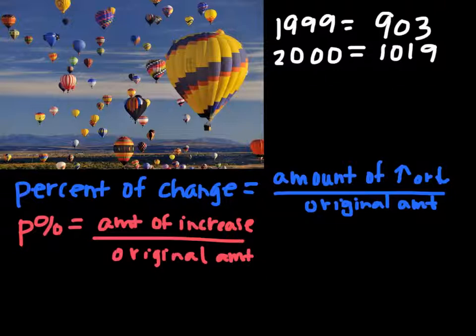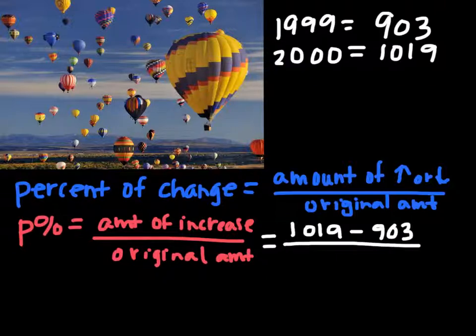Let's substitute in our numbers. The amount of increase will be represented by the number of balloons in 2000 minus the number of balloons in 1999, over the original amount, 903.